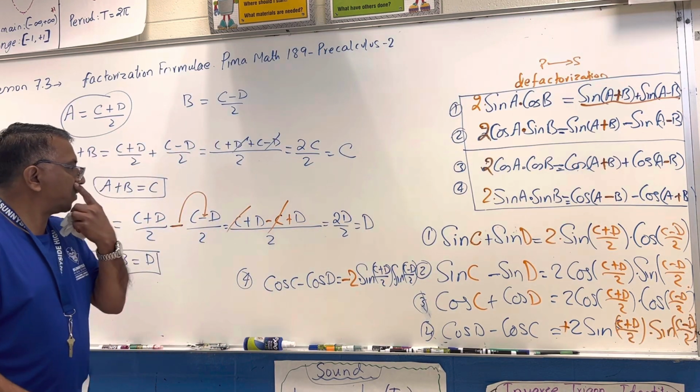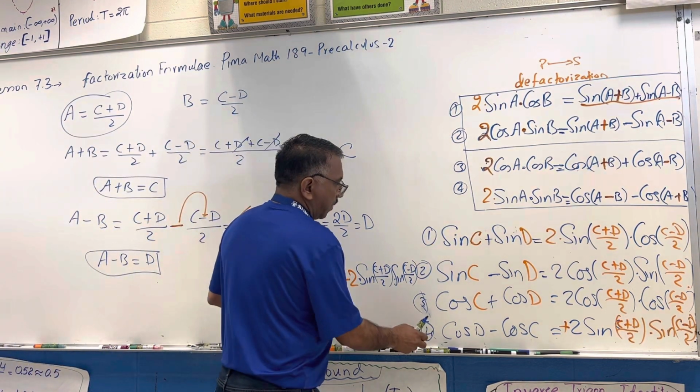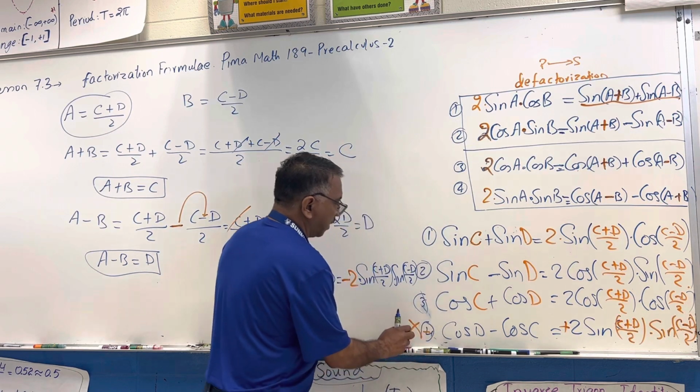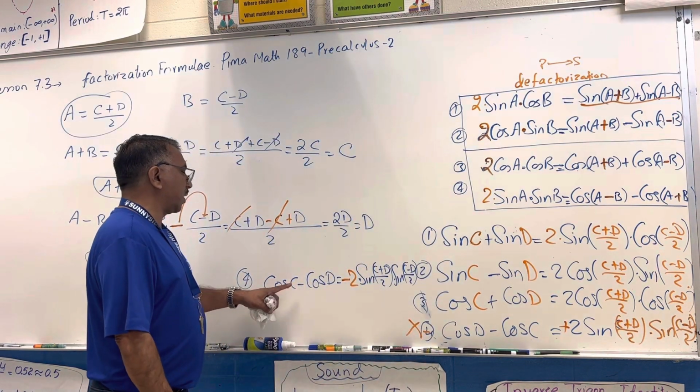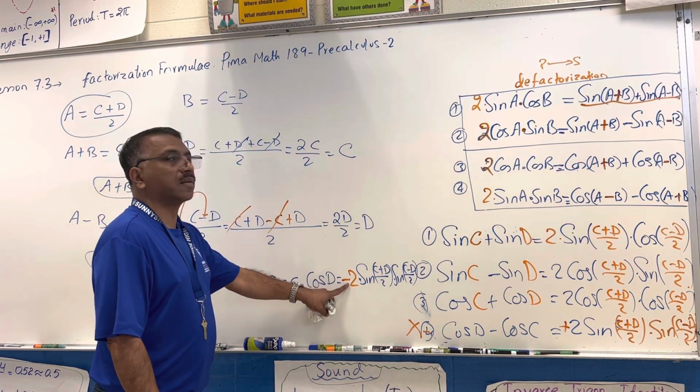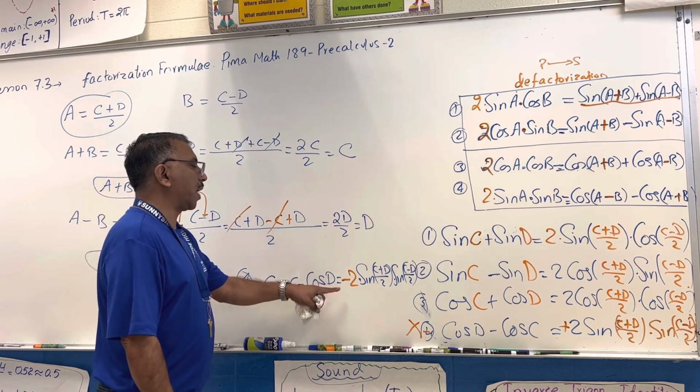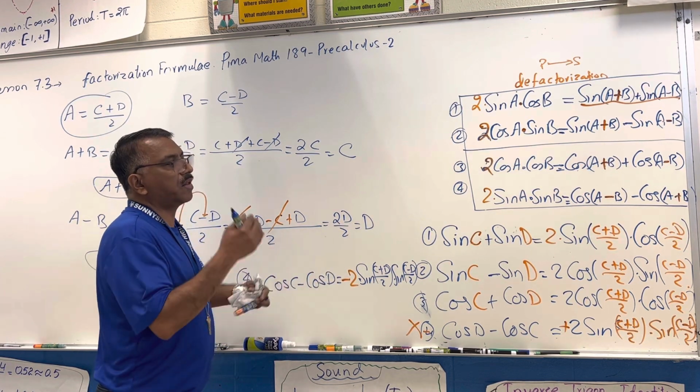Those are the four formulas. The only one to be careful about is cosine C minus cosine D, which has minus 2 sine sine. Everything else is the same.